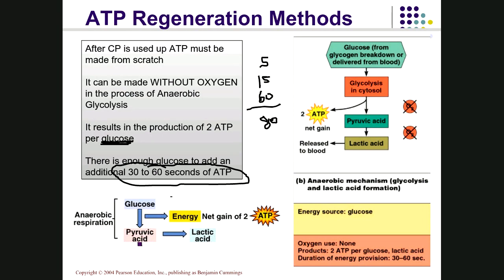You can jump a bunch of times. You can put out a lot of effort in 80 seconds. But again, at the end of that, you're out of glucose, you're out of creatine phosphate, you're out of free ATP. Everything just stops unless we can find another way to make ATP.